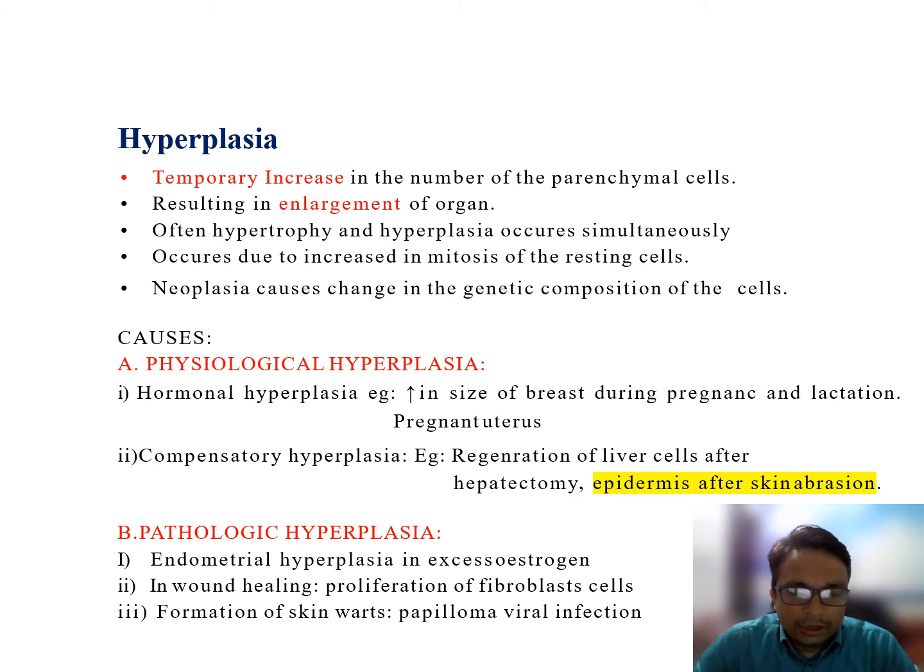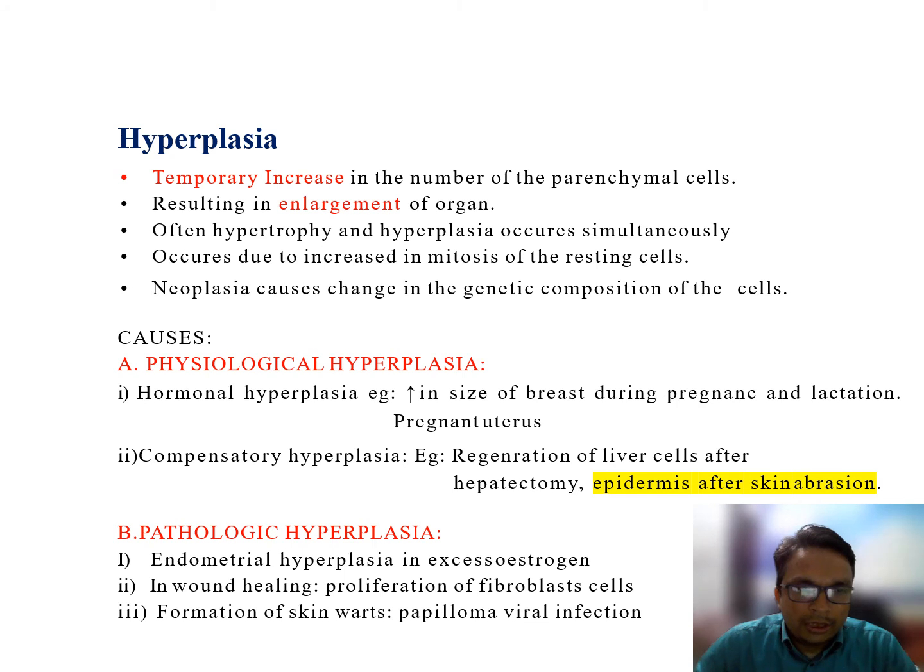You will find that hyperplasia is often observed to occur in the presence of hypertrophy, due to an increase in the mitosis of the resulting cells. Neoplasia, which causes changes in the genetic composition of the cell, could result in hyperplasia.